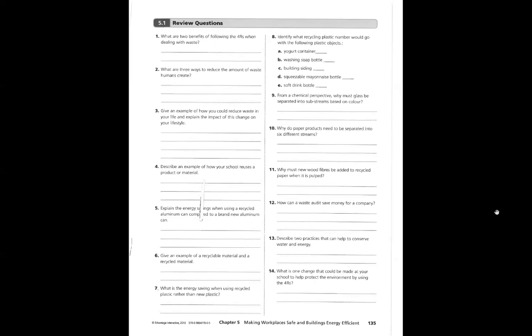So you want to make sure that you come up with 2 practices. That's worth 2 marks. Maybe one practice conserves both water and energy, but give me 2 examples for 2 marks.